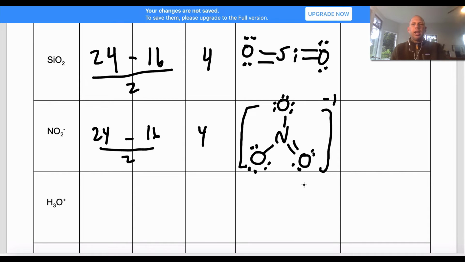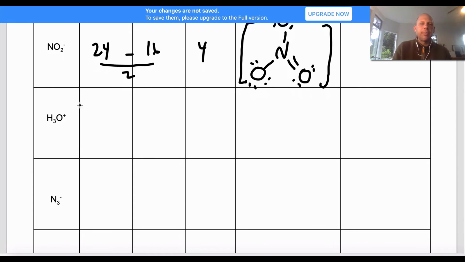Okay, H3O plus. Now I have a different situation because remember, that's an exception. So total 3, each one wants 2. So that's 6 plus another 8, that's 14. Minus valence electrons have. So that is 3 plus 6 is 9 minus 1, which is right there. Divided by 2, that's going to give us 3 bonds.